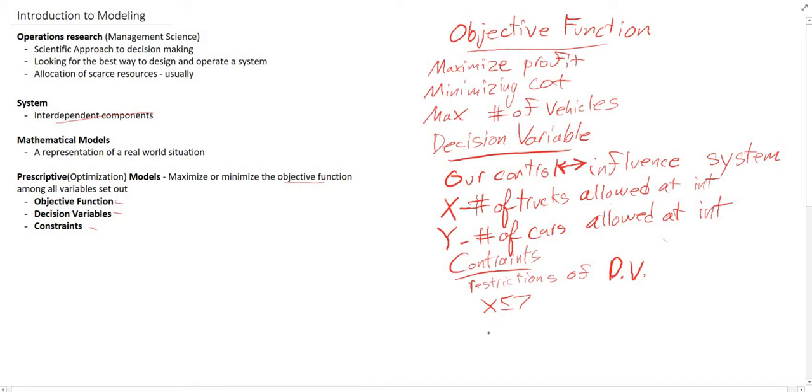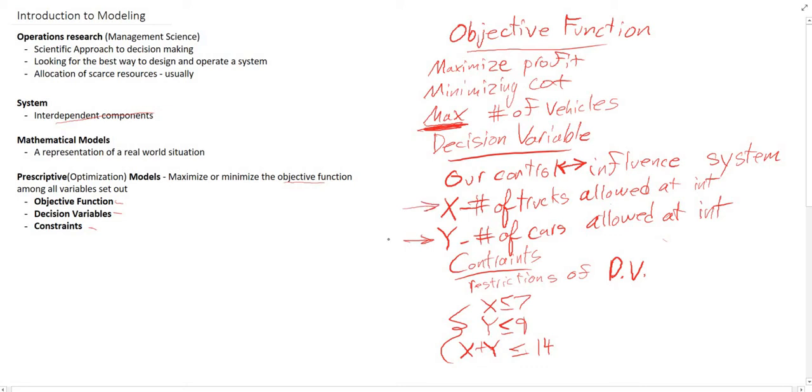Another would be that cars can never exceed 9 vehicles at the intersection. And finally, the number of cars with the number of trucks can never exceed 14 total vehicles. This would serve as a bound for this optimization model, which would allow you to maximize the number of vehicles by satisfying these 3 constraints with these 2 decision variables.